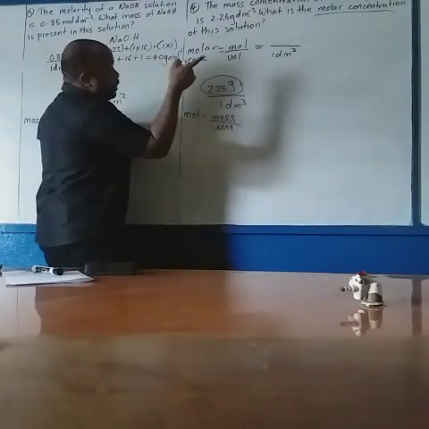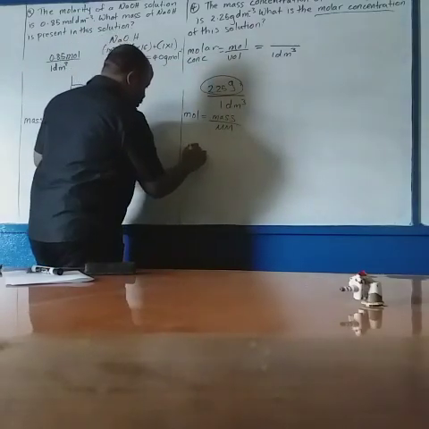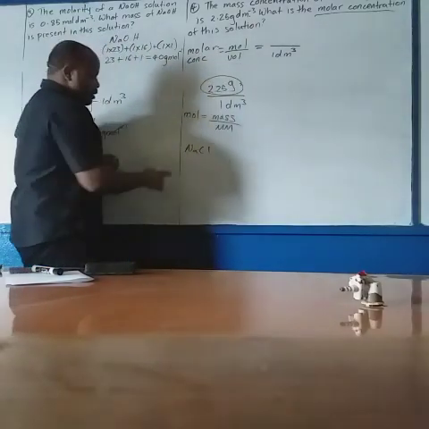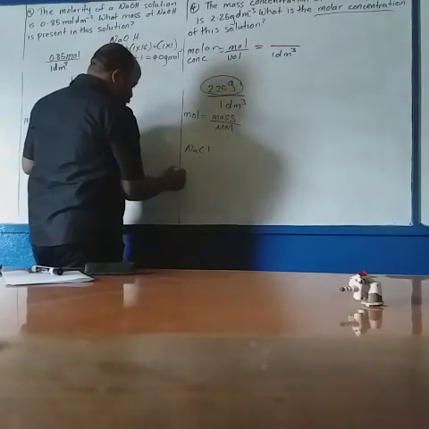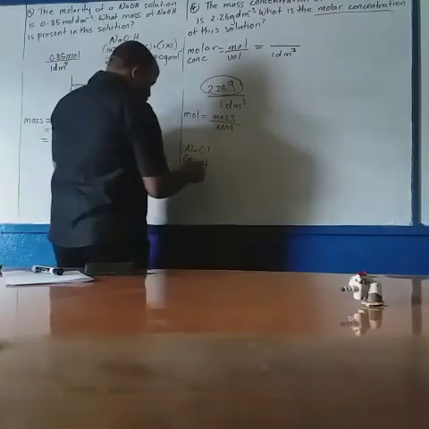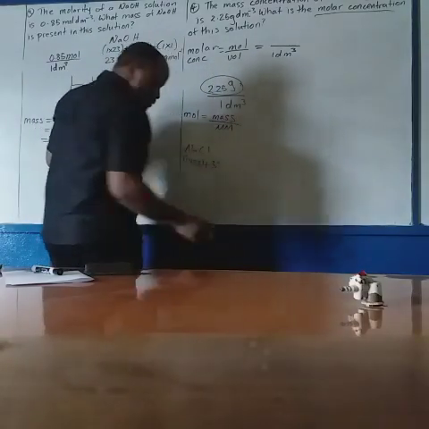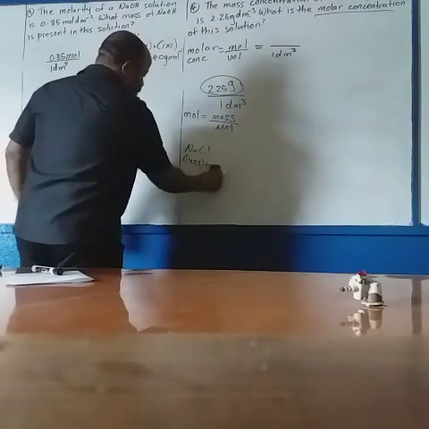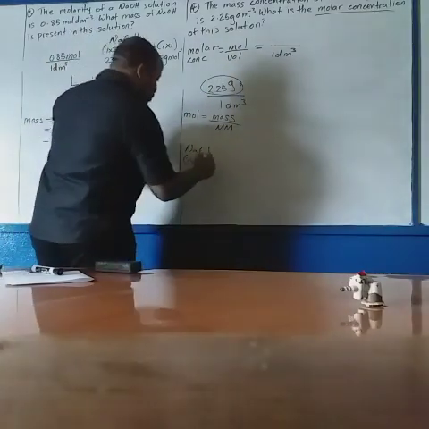Sodium chloride is the substance of interest here. The mass of sodium is 23 and it's 1 atom of sodium. And the mass of chlorine is 35.5 and it's 1 atom of chlorine as well.